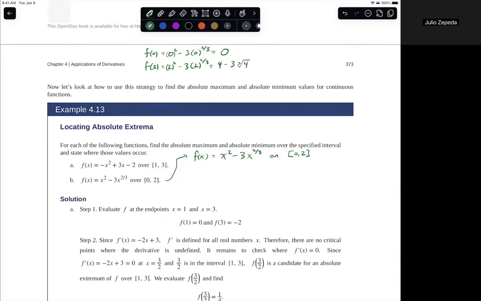Let me punch that into a calculator: 4 minus 3 times 4 raised to the 1/3.